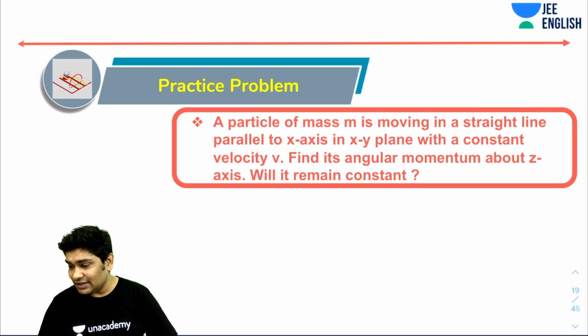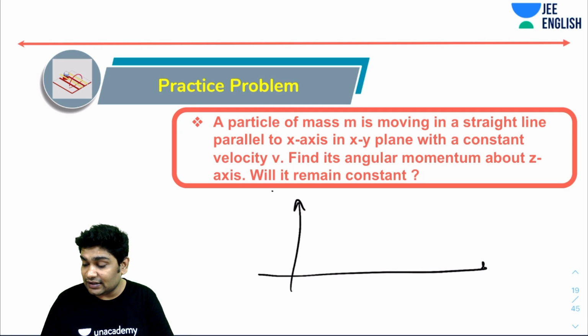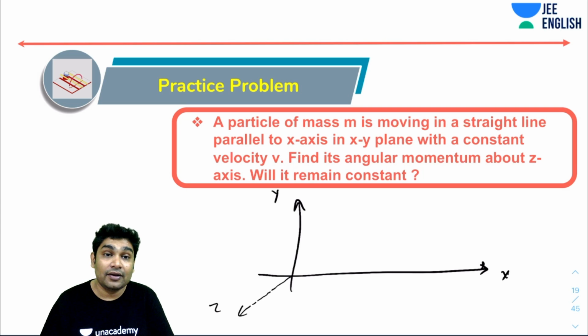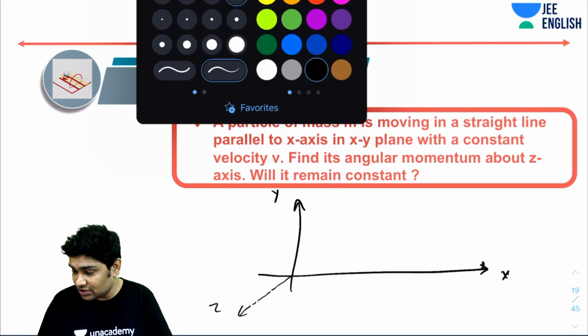To help you visualize, let me just show you what the situation is. So the situation is something like this. You have an x-axis, y-axis, and let's make a z-axis. You've been told that a particle of mass m is moving in a straight line parallel to x-axis. So let's make a straight line parallel to the x-axis in the xy plane.